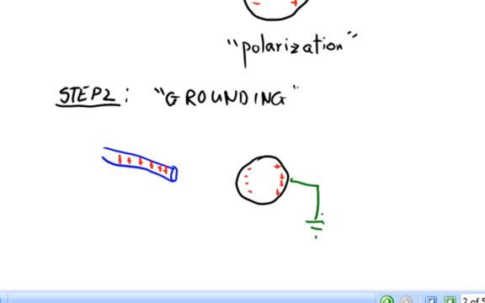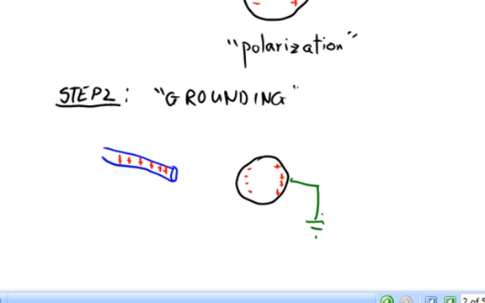Those lines indicate a sharp point that's somehow buried into the ground. And the ground, it turns out, is a pretty good conductor, and it's so large compared to these other objects that it can give or take electrons without really changing its charge state very much.